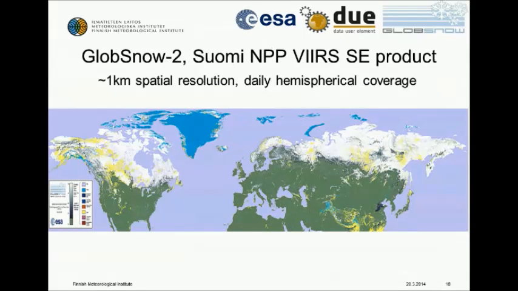And maybe not for the climate aspect, but as an additional product, there is this Suomi NPP VIIRS-based snow extent product, which we can use to get a full daily hemispherical coverage as well. And this is produced in real-time fashion.